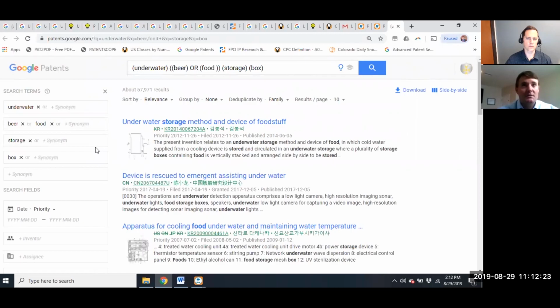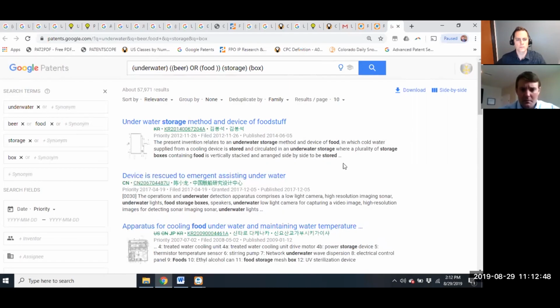What are some boxes that are storing things underwater to regulate their temperature? One of the first thoughts was that people might use this to store beer, and might use it to store food. You'll find pretty quickly that these are used in lots of oil applications, which is probably noise you want to try to filter out somehow.